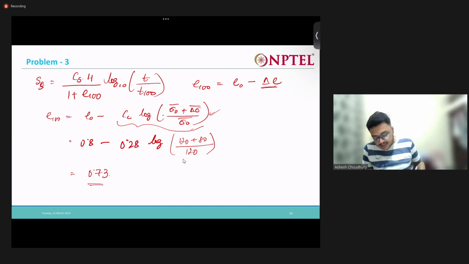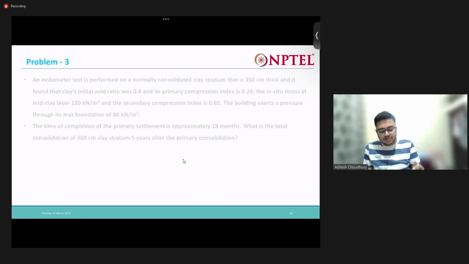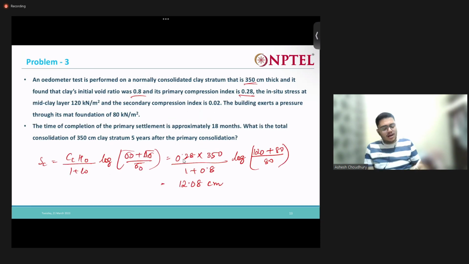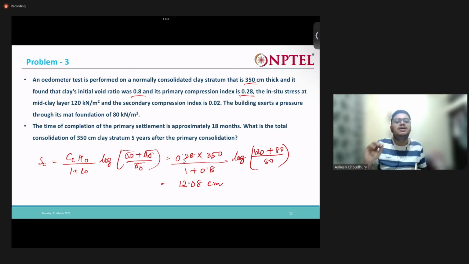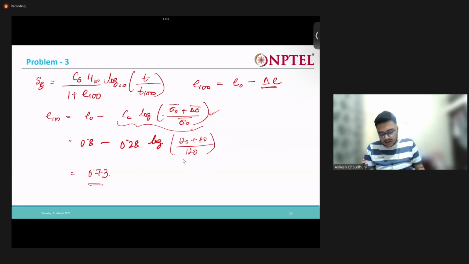Now what is the thickness? See, this one should be E100, H100, meaning this H100 is the thickness of the clay layer after the primary consolidation. So before the primary consolidation, what was my initial thickness? 350 centimeter. Now 12.08 centimeter of settlement has occurred. So what will be the thickness of the clay layer after the primary settlement, at 100% of the primary settlement?